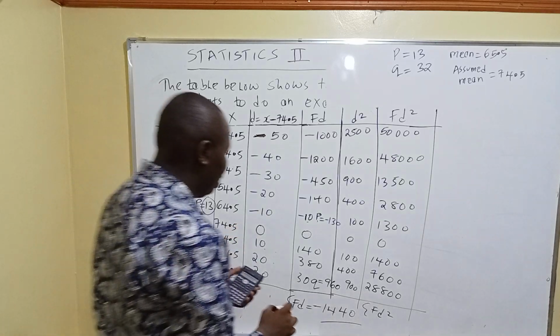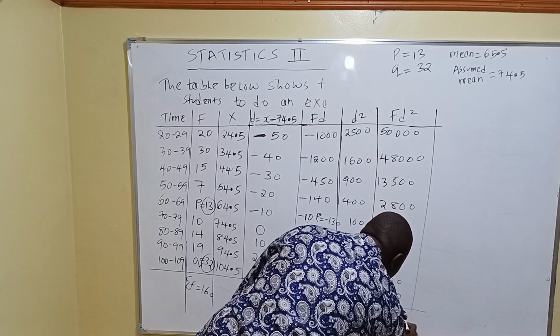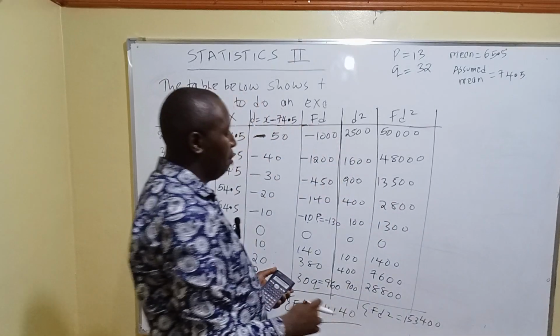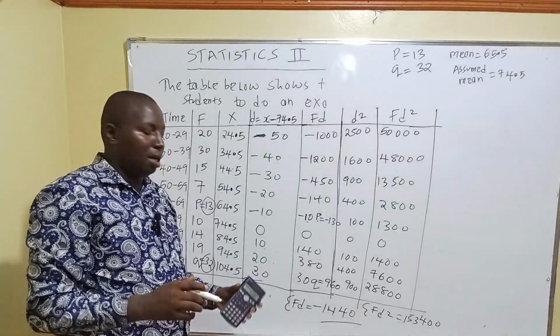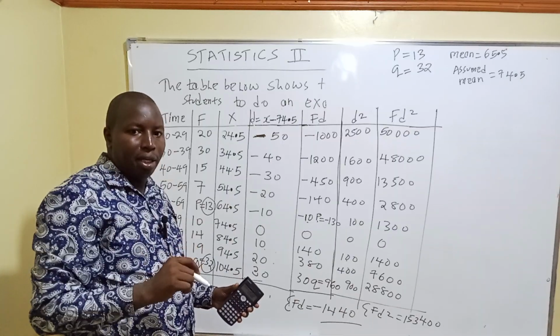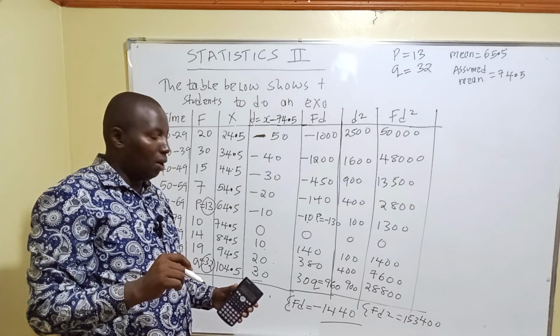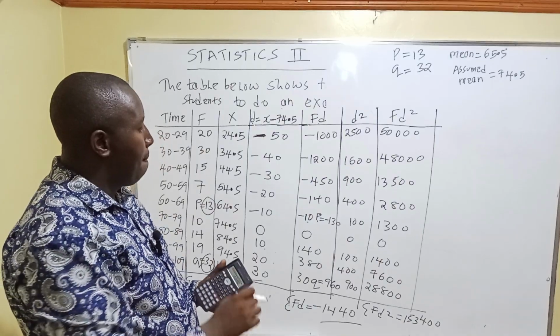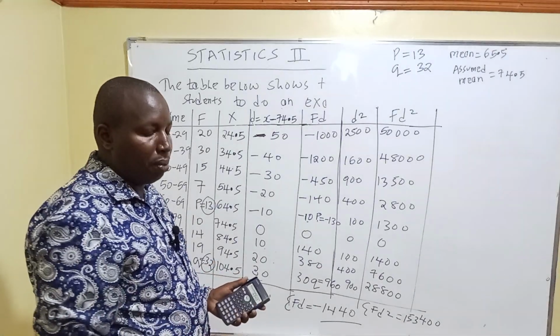That comes to 153,400. Sigma FD squared is 153,400. So as you get that, apply the formula.